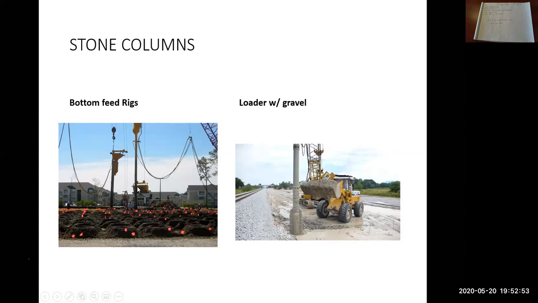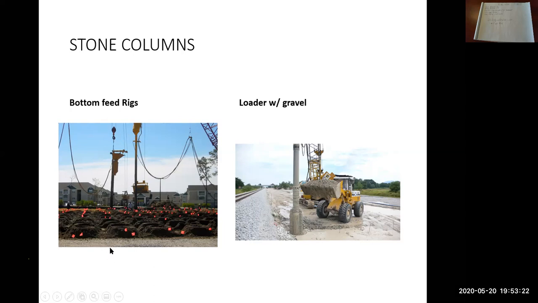Then as it's vibrated, this hopper full of the stone gets filled up with a loader and then gets pulled up using the crane, and it tips into the hopper at the top here, and all the aggregate comes down the probe, gets to the bottom of the probe, and the probe is inserted and pulled out repetitively.